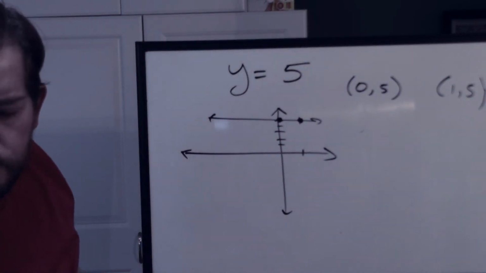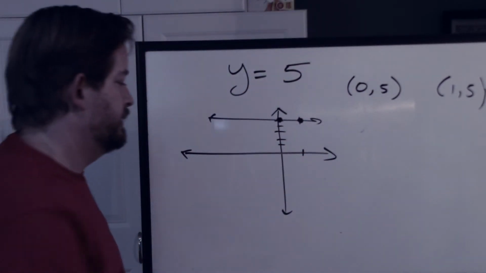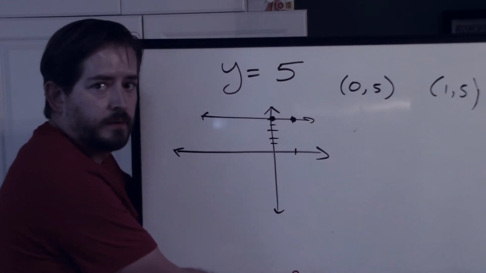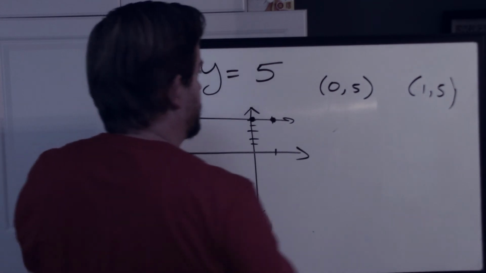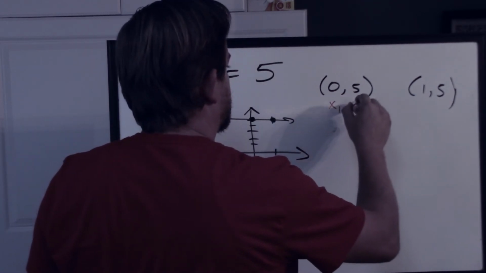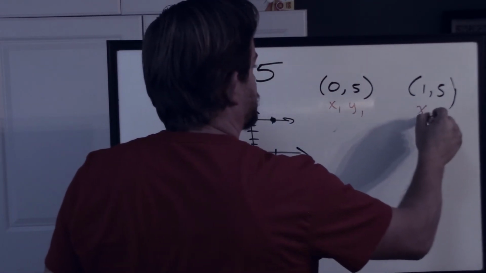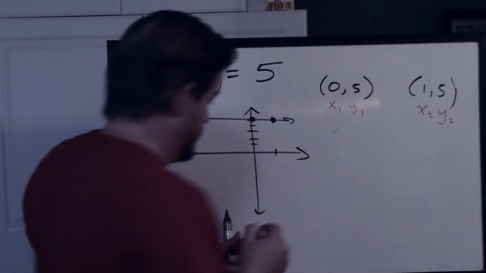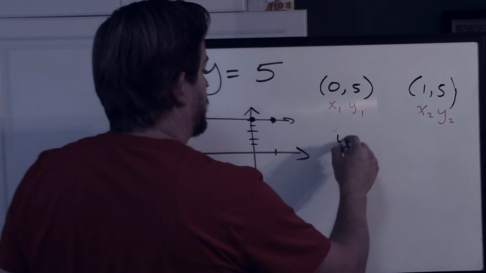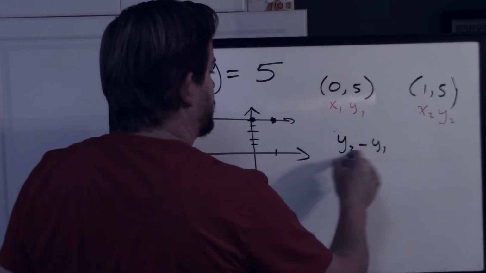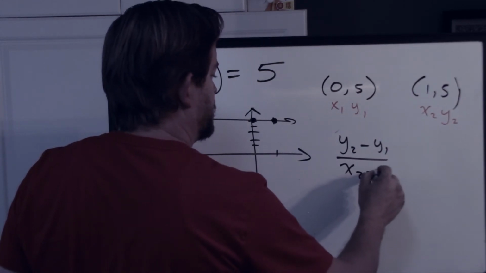Now if I call one of these x1, y1, and the other one x2, y2, I can plug it into the slope formula. That is y2 minus y1 over x2 minus x1.